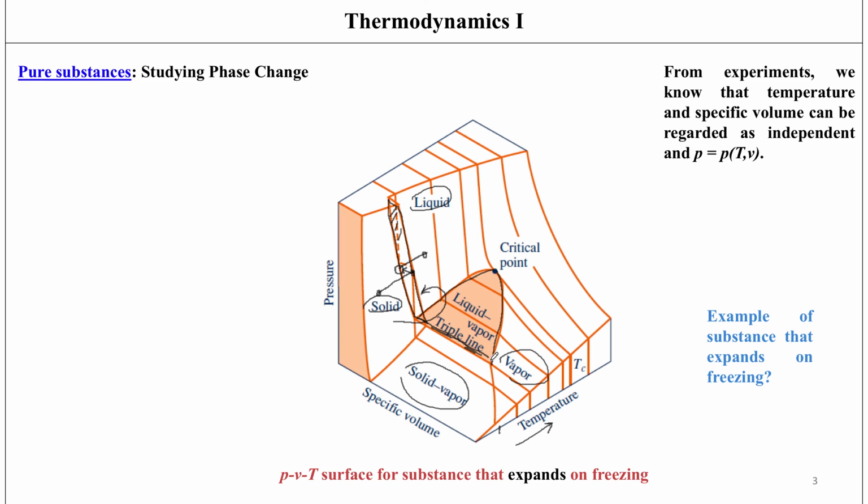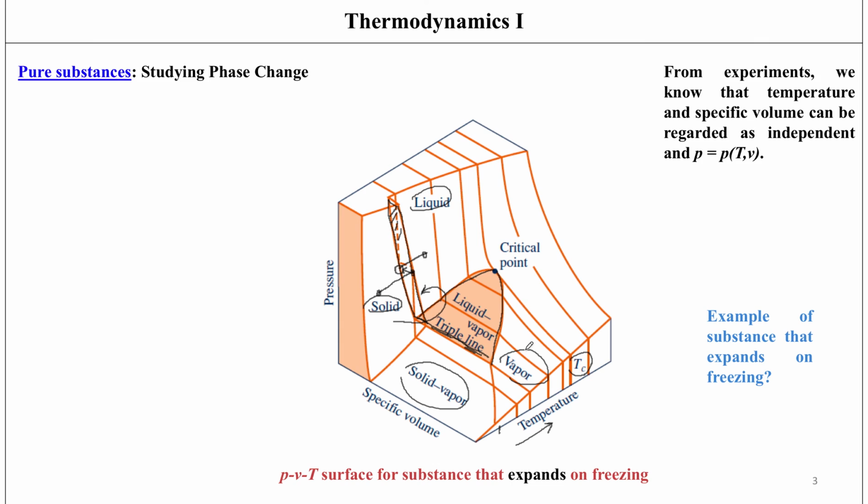Okay, and the TC here indicates the critical point temperature, or it's called the critical temperature of a pure substance. It's the maximum temperature at which the liquid and the vapor phases can coexist together at the equilibrium.